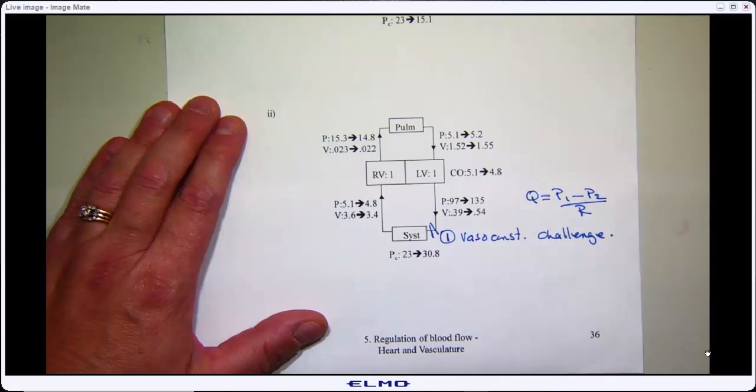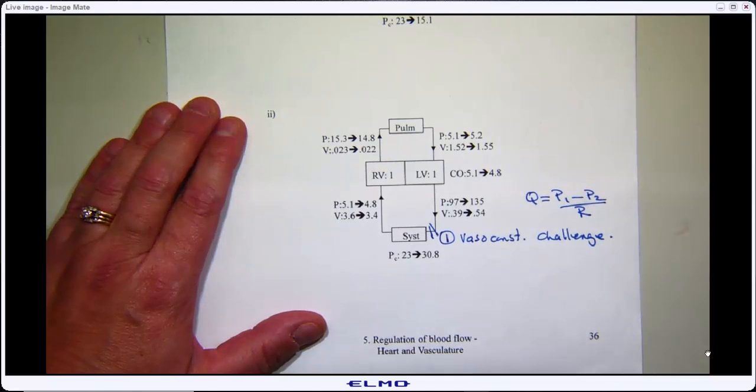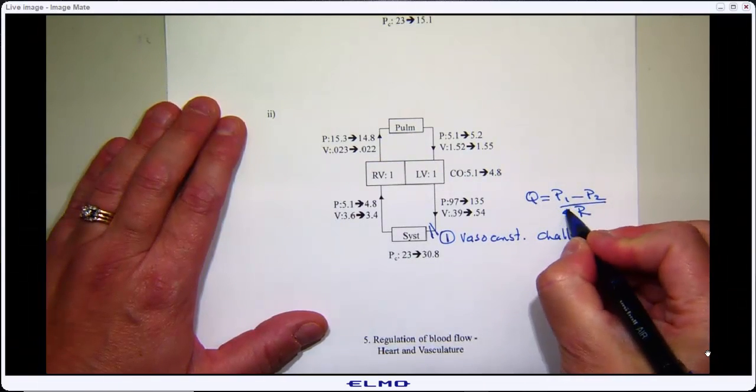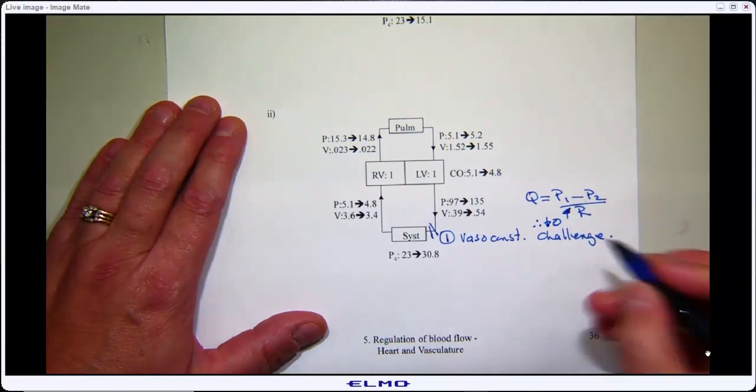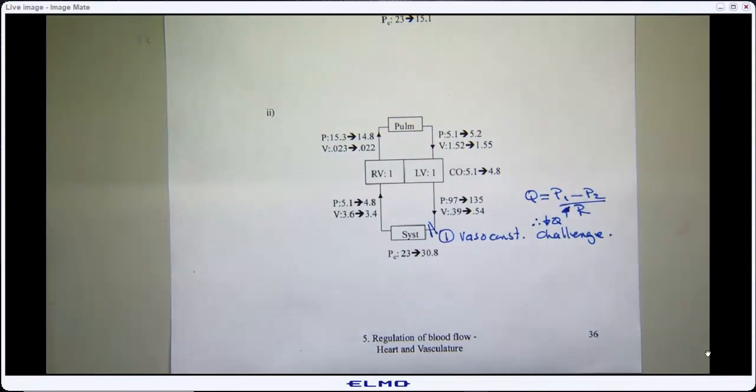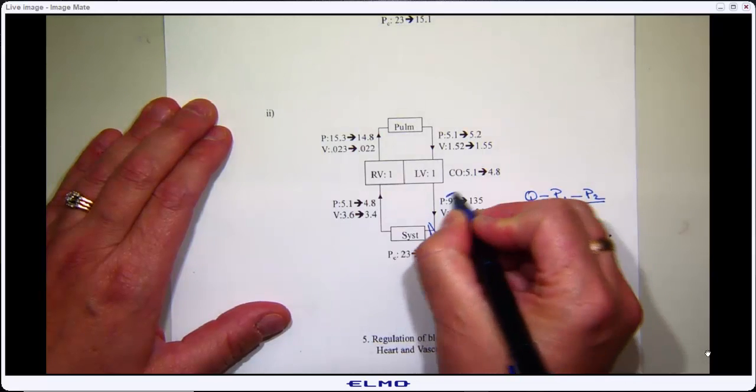Ooh, what did we do? Oh, dang. So there it is, increased resistance, therefore decreased flow. That's decreased flow out of that compartment, right? So we should fully expect to see, if I've decreased flow out of this compartment, an increase in volume and an increase in pressure here. There it is.